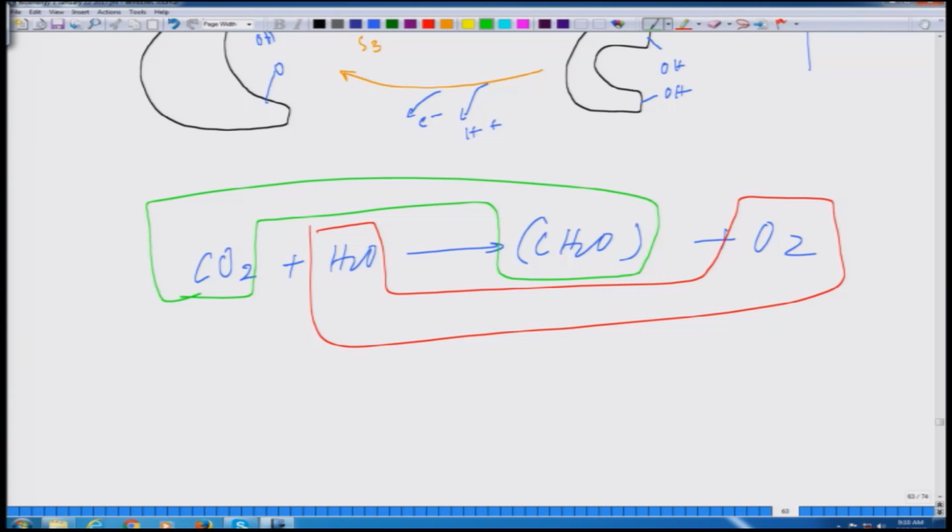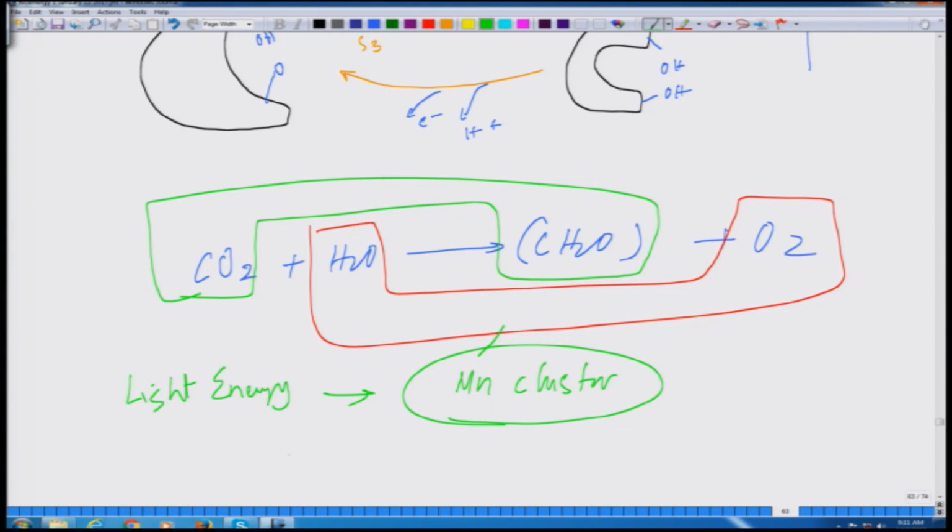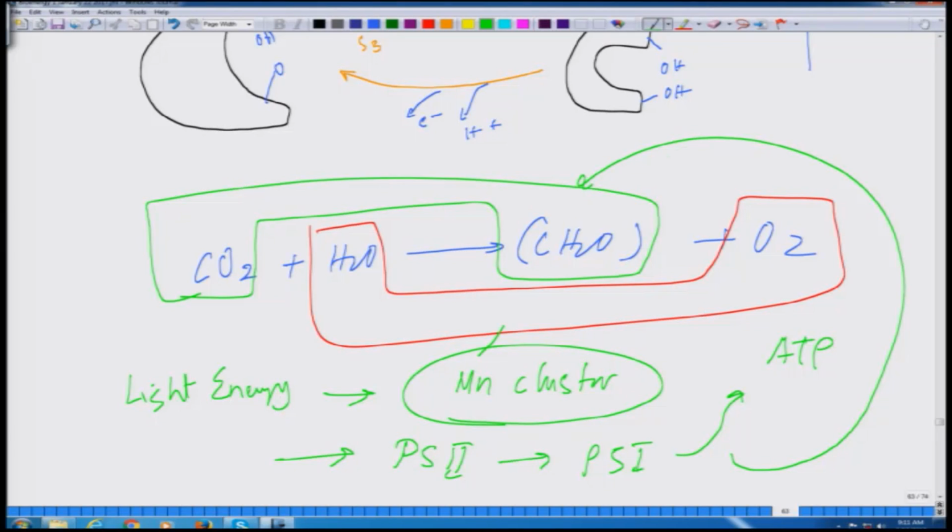So, this is what we talked about: the whole manganese cluster governed by light energy and cascading through photosystem II to photosystem I, the cascading of electrons and generation of ATP, and finally, to run this show, we have NADPH.